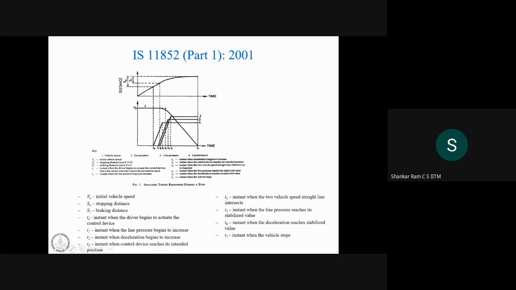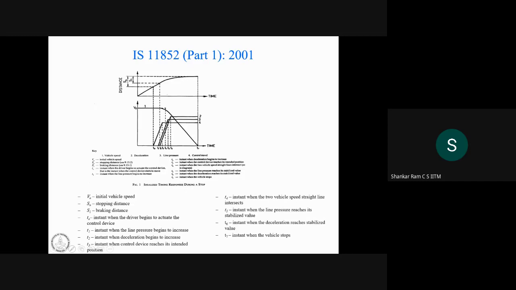Without going into the details of each and every parameter or variable indicated in this plot, we can immediately observe that this is primarily a plot of velocity versus time, acceleration versus time and distance versus time.